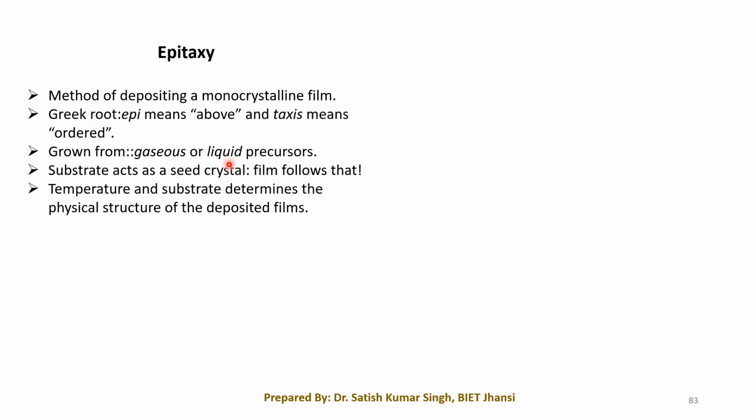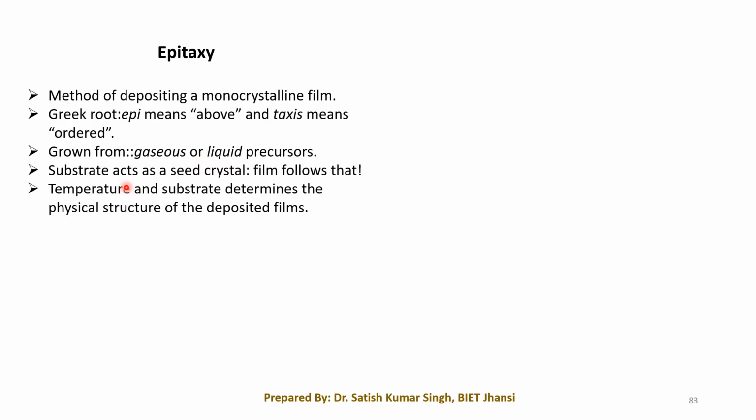So we can also take solid sources, or you can say a beam, as the sources for epitaxial layer growth. So these are the different sources. Then, whatever we want to grow, let us say we grow onto a particular substrate.